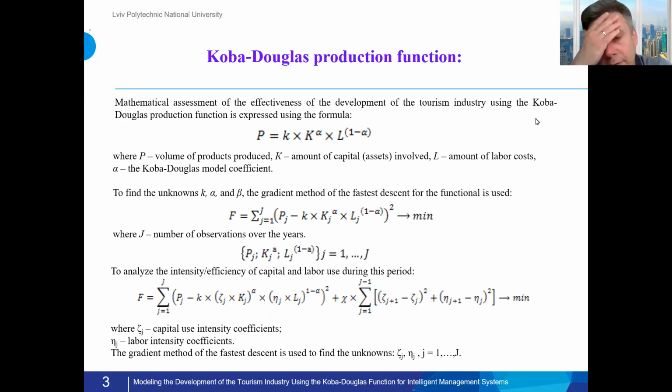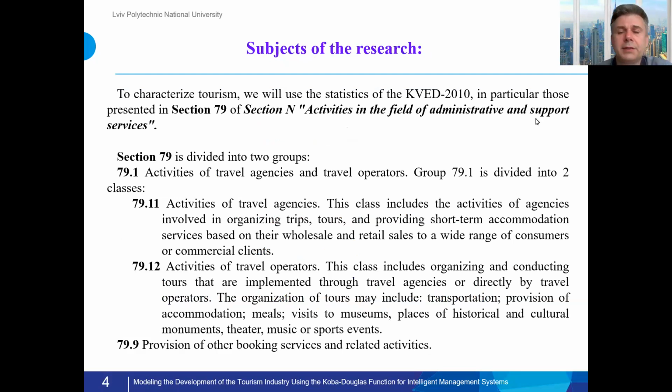Specifically, we used Koba-Douglas production function, and you can see it. We also minimized the Koba-Douglas function in order to find the minimum, and that's basically the model of our research.